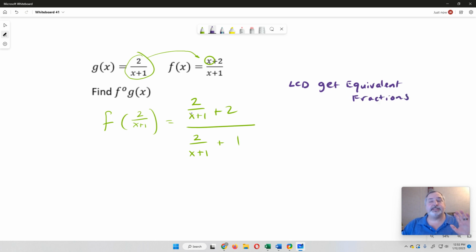Real simple. This could be different in numerator and denominator for certain problems, but because we're doing a composite, it's going to be the same. The LCD for numerator and denominator is going to be x plus 1.